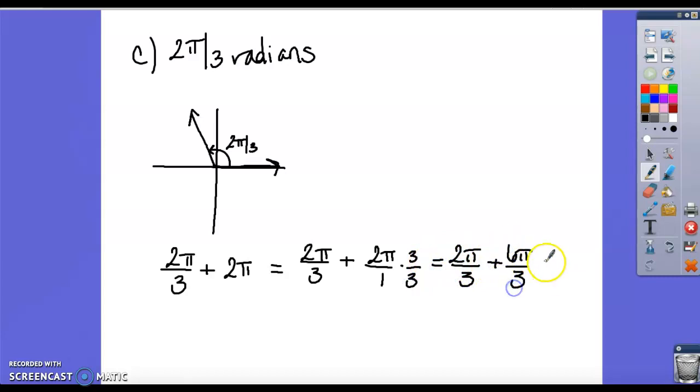That's going to give me 8 pi over 3. If I start here and go around again, that angle is going to be 8 pi over 3.